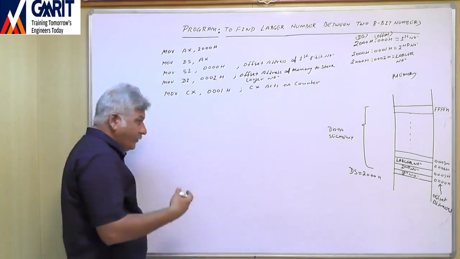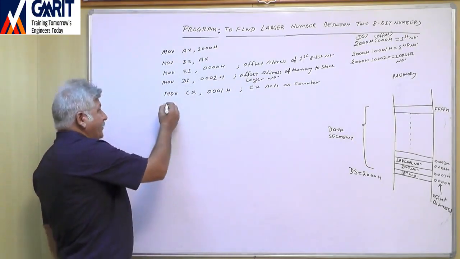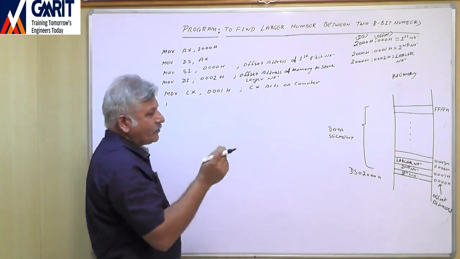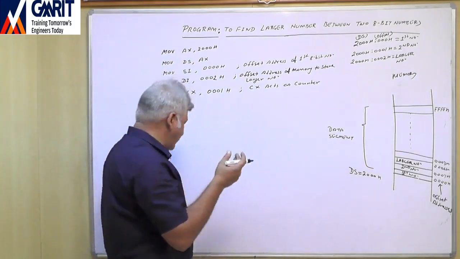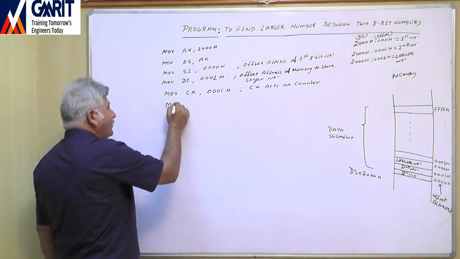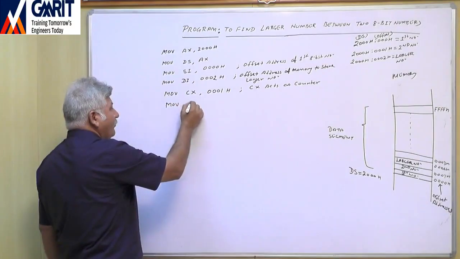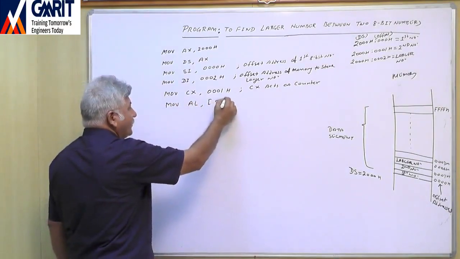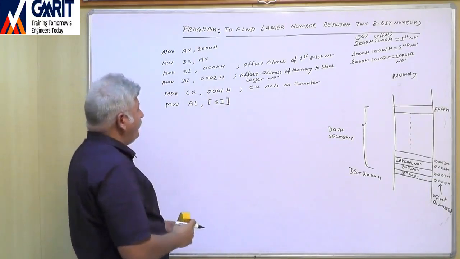After this, I will bring my first number into the AL register. Since we are comparing 8-bit numbers, I will store the first number in an 8-bit register. We can use any general purpose register. So here I will bring the first number, whose address is in the SI register, into AL.